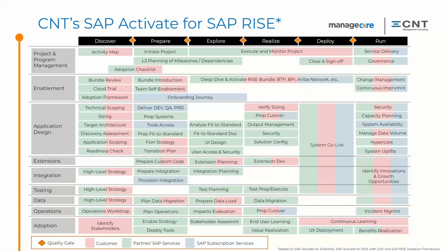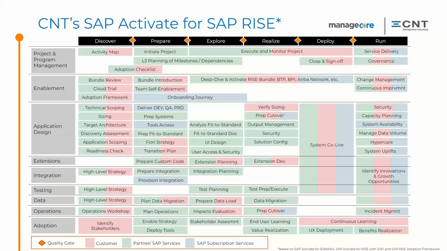So SAP really has 3 to 4 different areas which help us and help you building this initiative and this project. One is SAP Activate, the base method. Then there is an SAP Activate to get from ECC to S/4HANA. And there's a SAP Activate to get to SAP RISE.